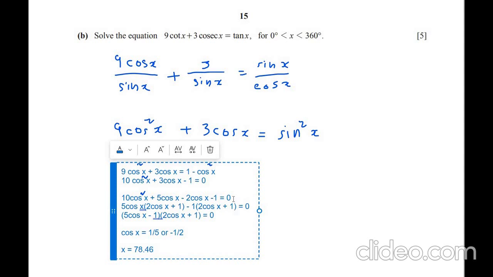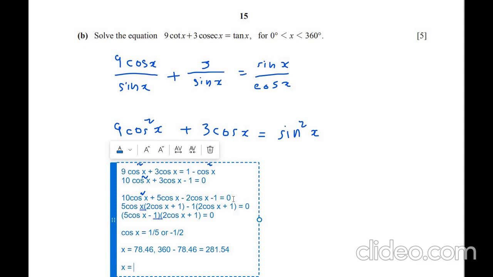And cos is positive in the first and fourth quadrant. So in the fourth quadrant, that is going to be 360 take away 78.46, which is 281.54. So these are the two values for cos x equal to 1/5.